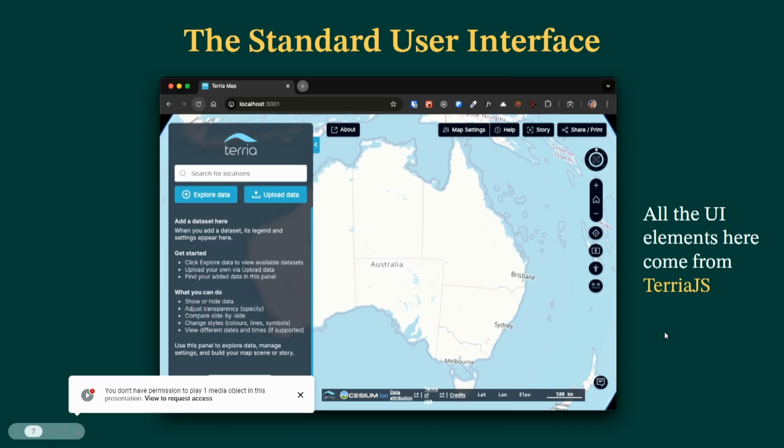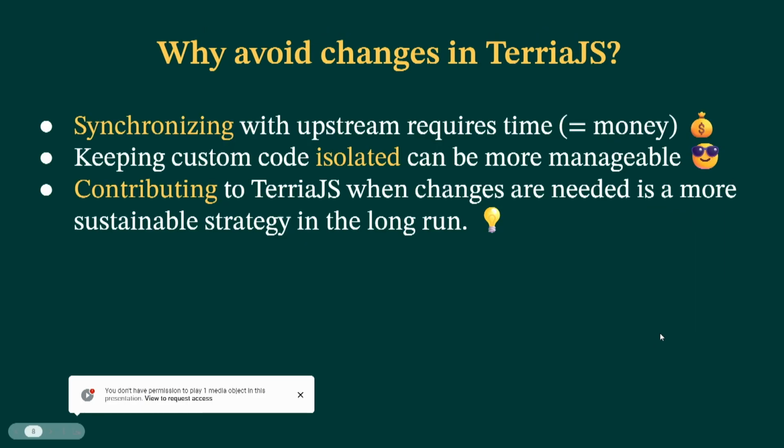You have some options to modify, but sometimes you want to do something different, and changing within TerriaJS has some ramifications, and it's hard to synchronize with the upstream, and you want to keep your changes isolated for some reason. And moreover, if you think strategically, contributing to the TerriaJS core library is a more sustainable way to keep everything.